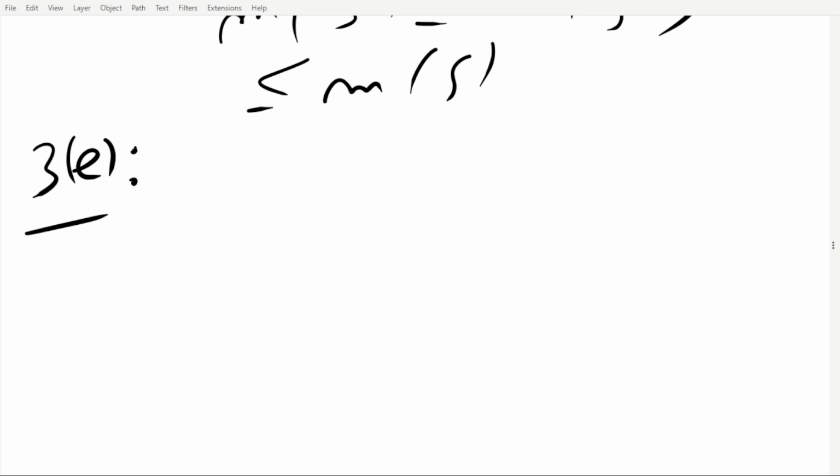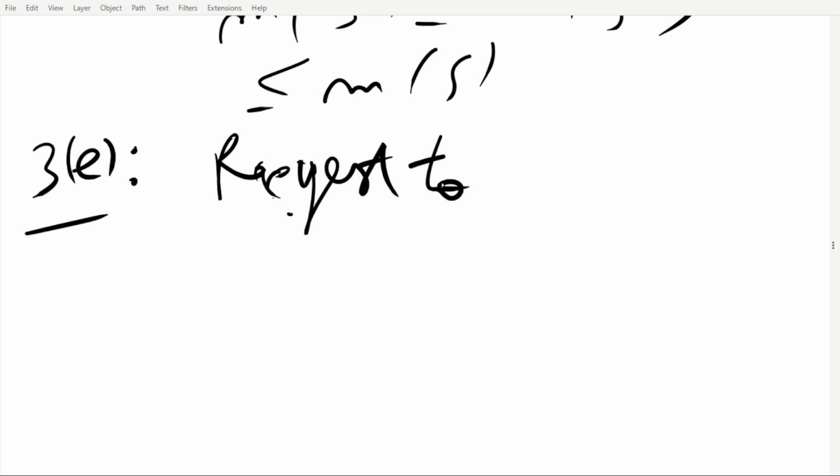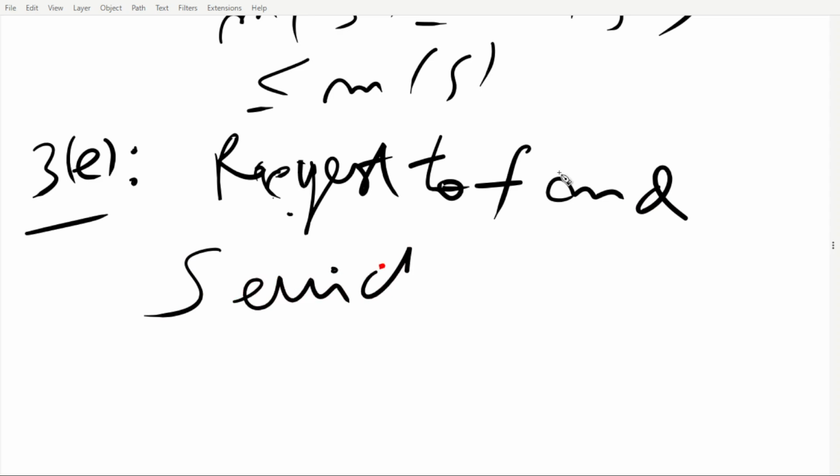So once again we have a request to F, and S evicts E. Now we can compare both the caches of S and S prime.